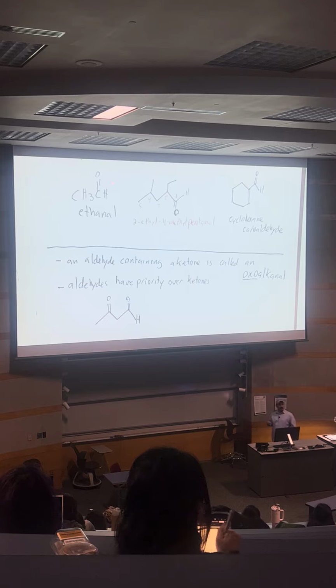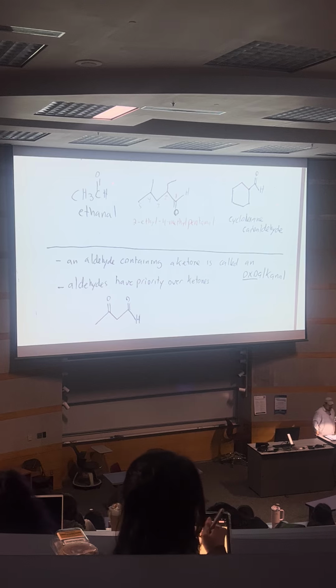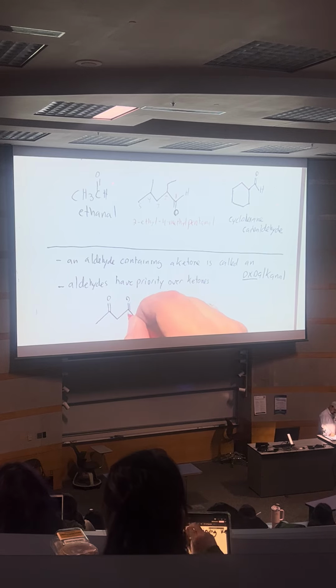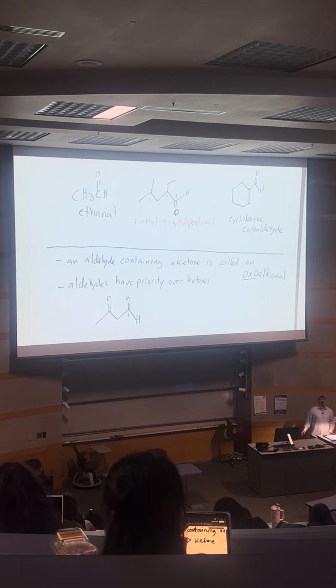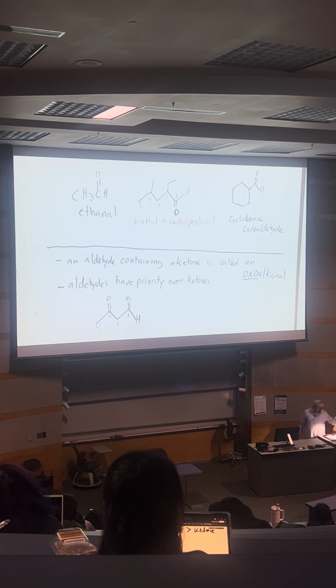You're going to have to commit to memory that the aldehyde takes priority. It's treated as such. That makes this carbon automatically carbon 1, then 2, 3, 4. So the ketone carbonyl is at carbon 3.